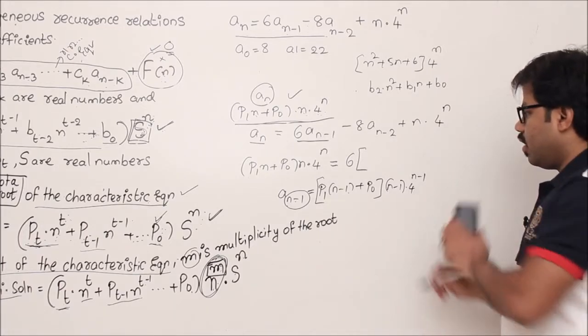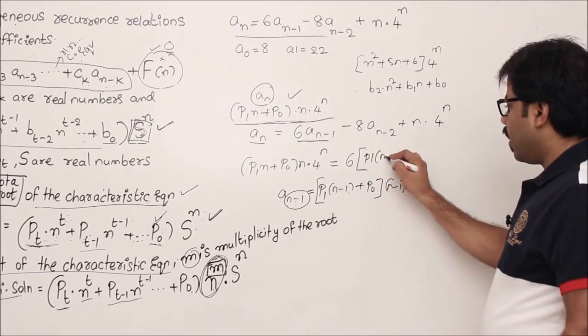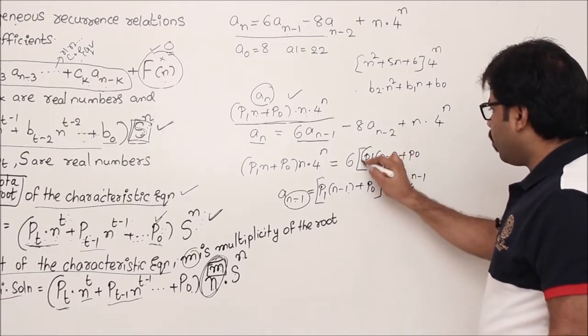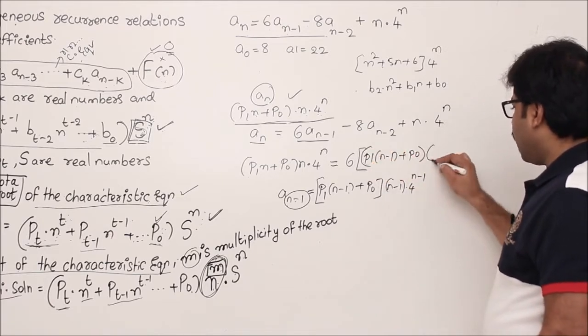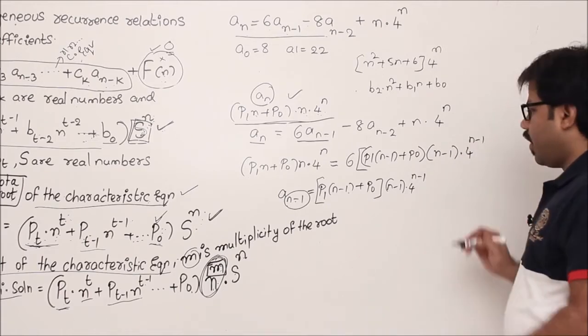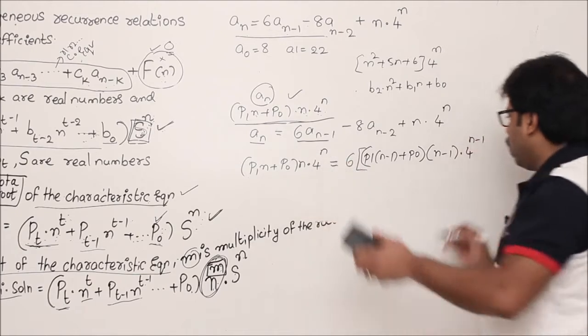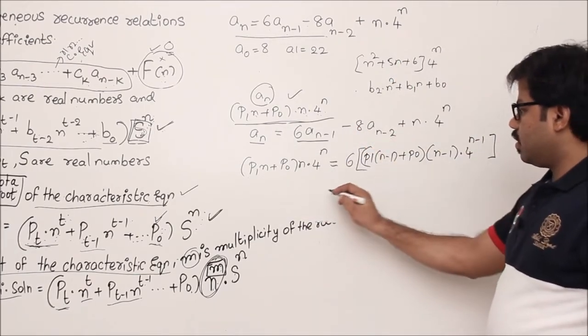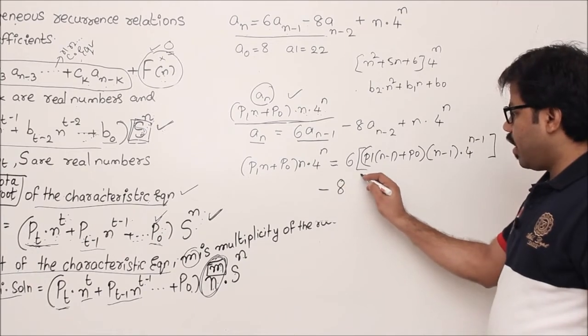So (p1 (n minus 1) plus p naught), this entire thing, let me put a brace, is multiplied with n minus 1 into 4 power n minus 1. Fine. So this is about the particular solution of an minus 1, minus 8 into an minus 2.